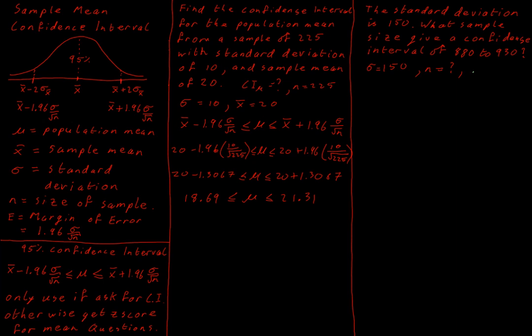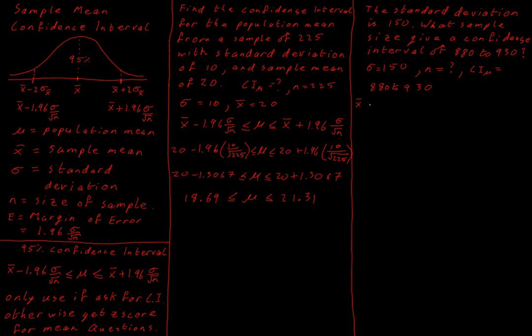Given a confidence interval is equal to 880 to 930. So our confidence interval for the mean would be our formula again.